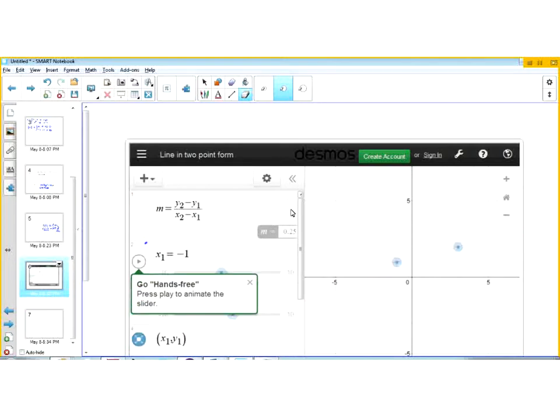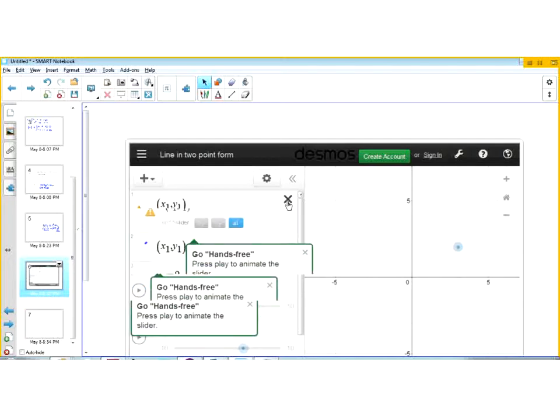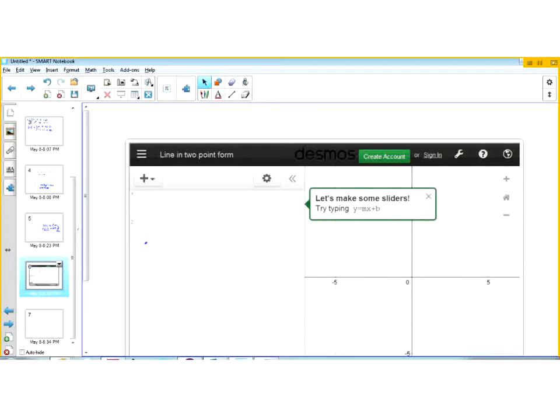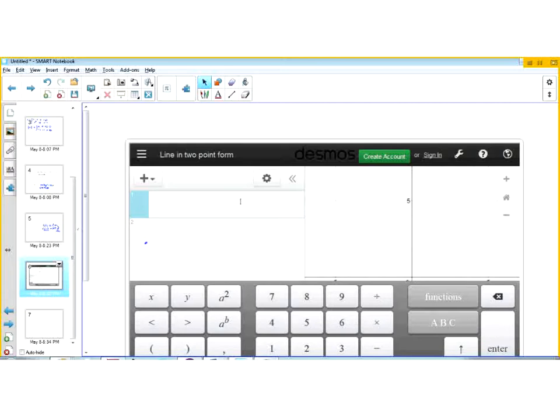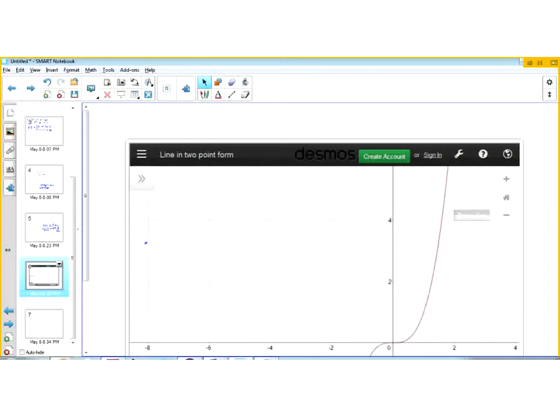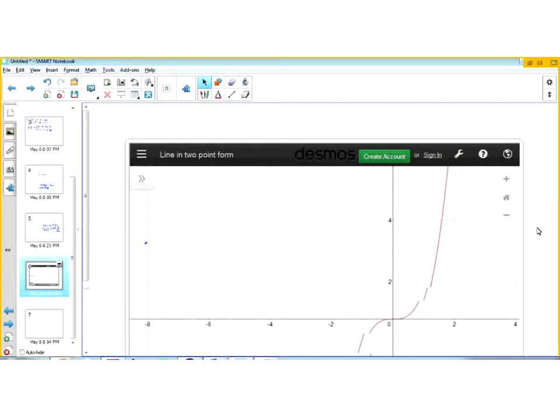All right, so let's plot the graph y is equal to x cubed and demonstrate its odd symmetry properties.